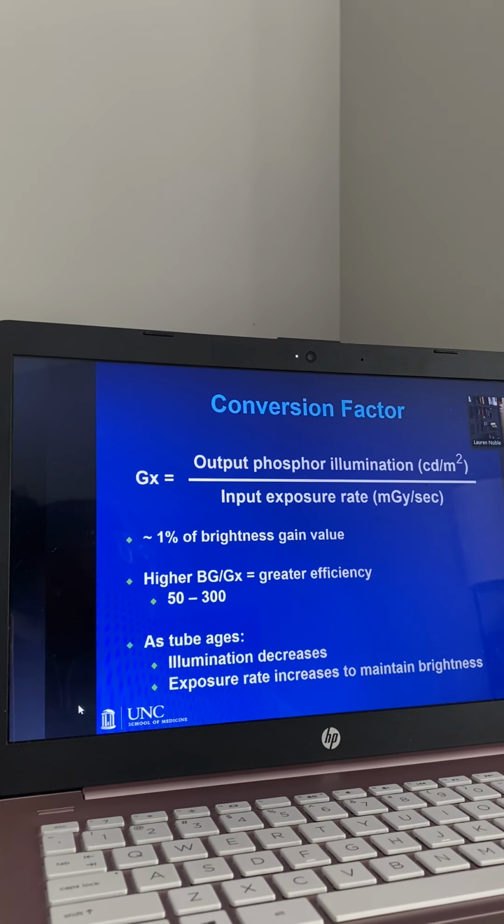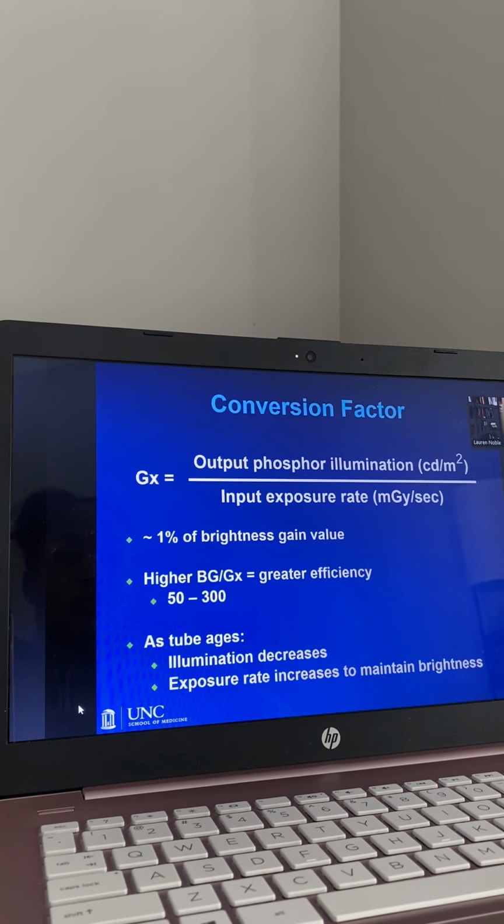As these tubes age, illumination is going to decrease. Eventually, the image will be so dull it has to be replaced. Because as the tube dulls, the exposure rate is going to have to increase to maintain that brightness.